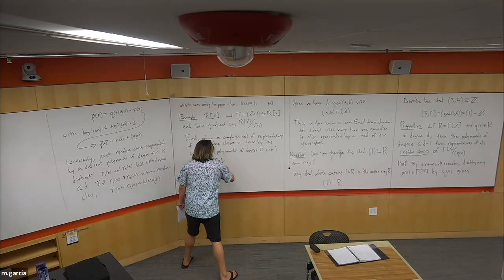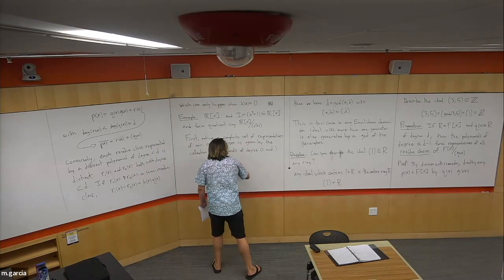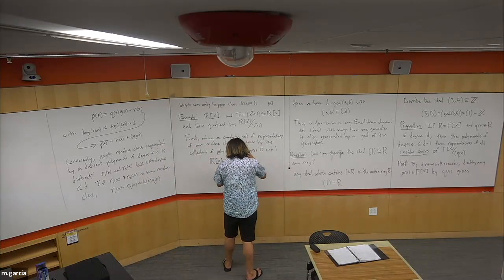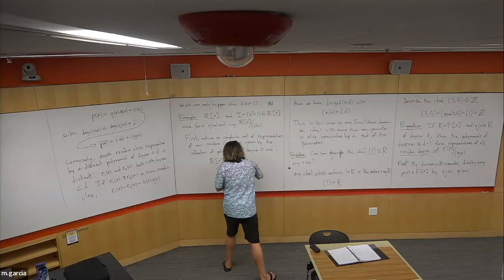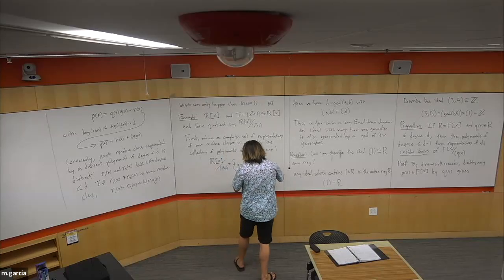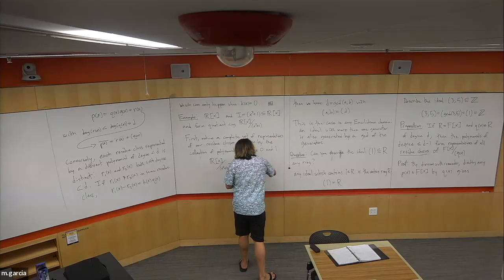R adjoin x mod x squared plus 1 is equal to the set of polynomials of the form a plus b x bar, such that a and b are real numbers.